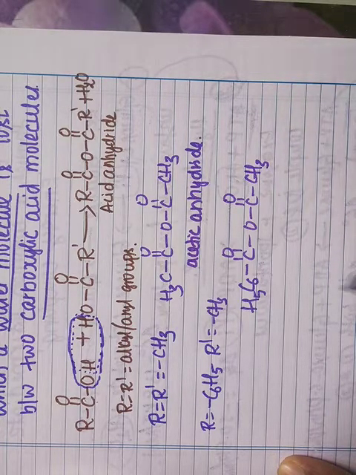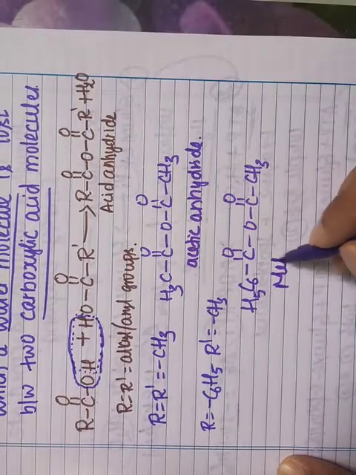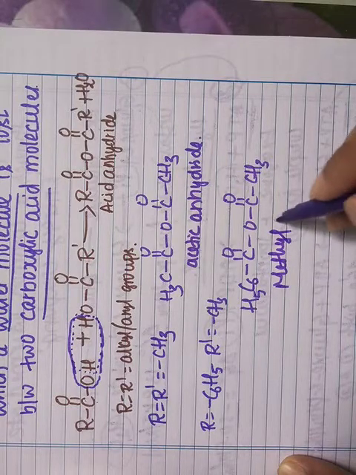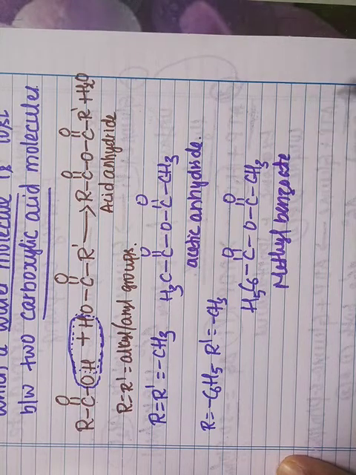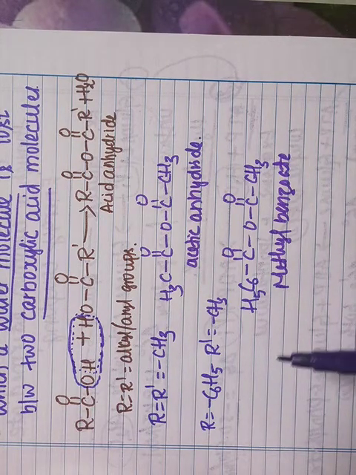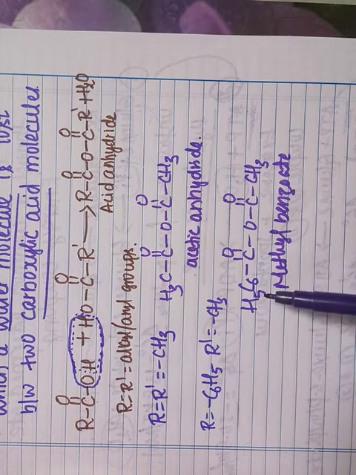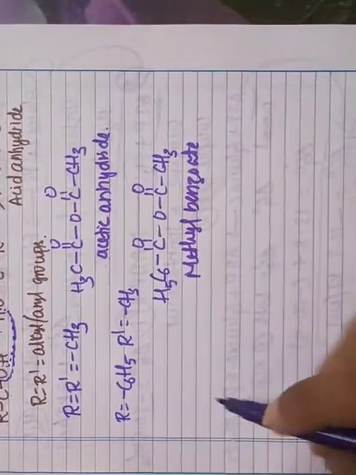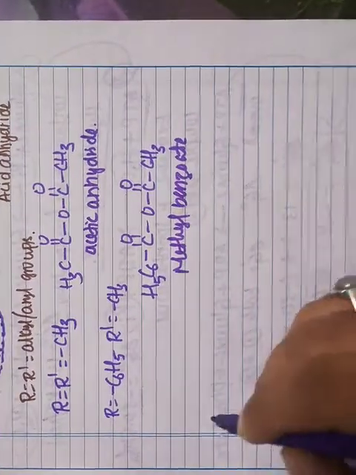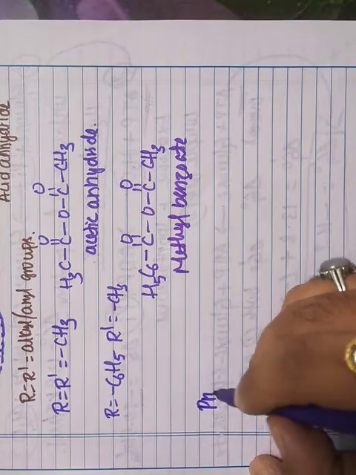So this is methyl benzoate. So when a water molecule is lost between benzoic acid and acetic acid, the mixed anhydride is formed. Next, let us see the properties of acid anhydrides.